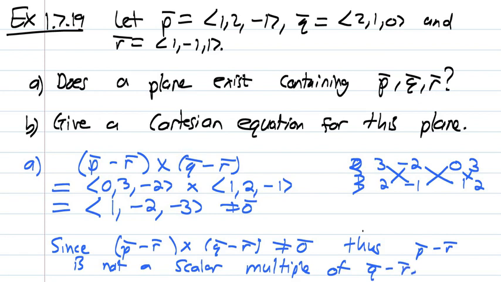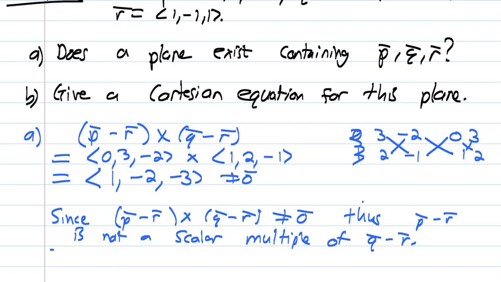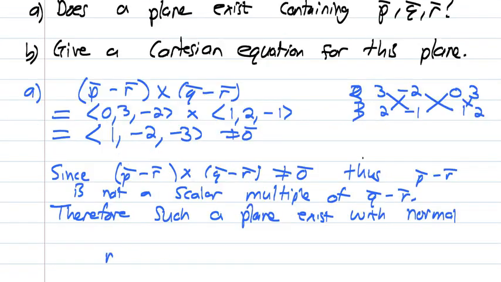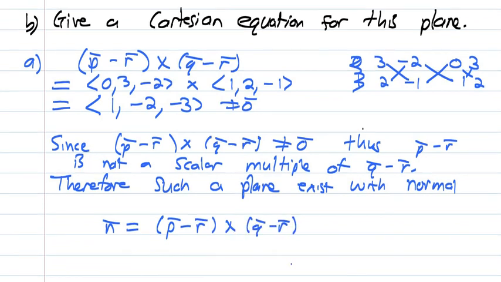So therefore we have that a plane exists. Therefore such a plane exists with normal n, which is given by P minus R cross Q minus R, which we just worked out is 1, minus 2, minus 3.